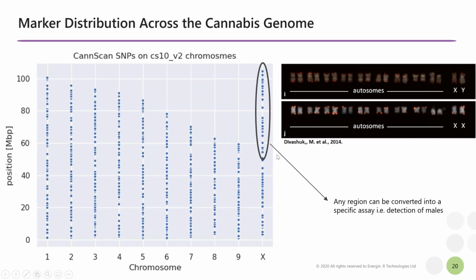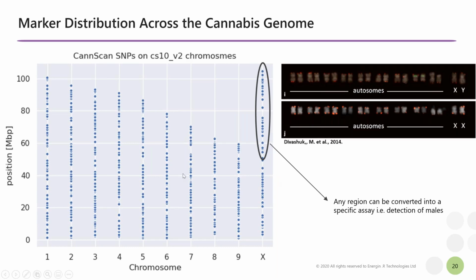And having the data arranged in this way means you could also zoom in on specific regions and look at a subset of the panel. In this case, if you look at this region in chromosome X, all of these markers can distinguish between chromosome X and Y. So you could use this to also do genotyping and sex determination and discriminate between X and Y seedlings.